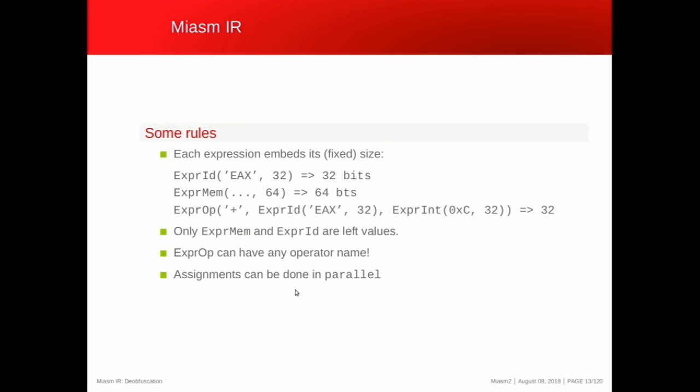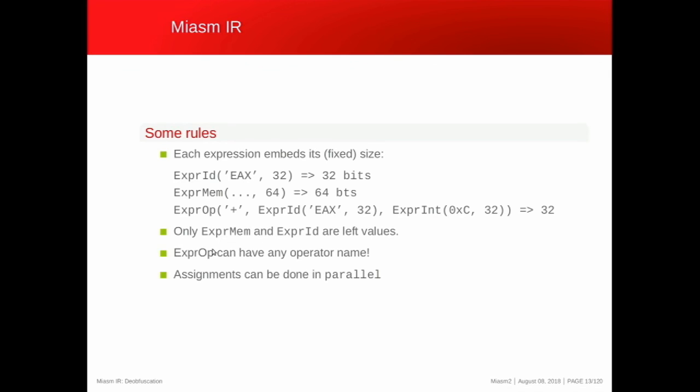Okay, so there are some rules about this language. The first rule is that each expression has a fixed size and embeds its size. Another rule is that you can only have memory dereferences or variables as assignment destinations, so as left values.